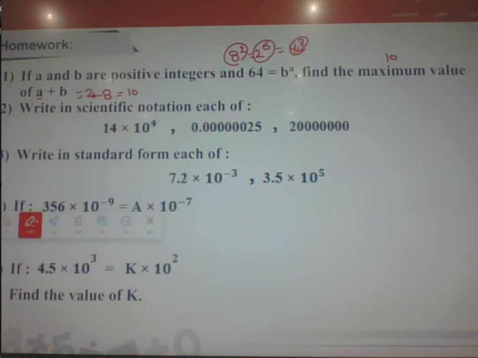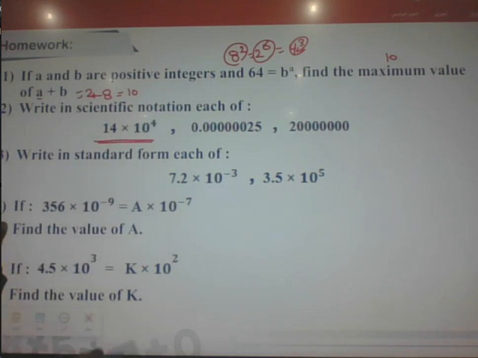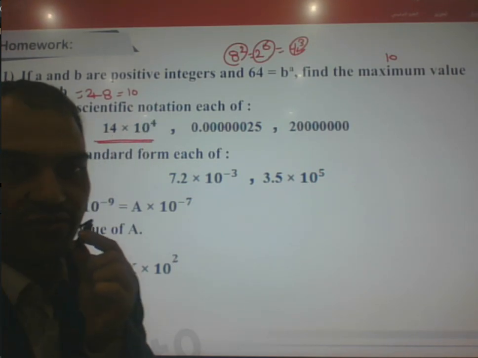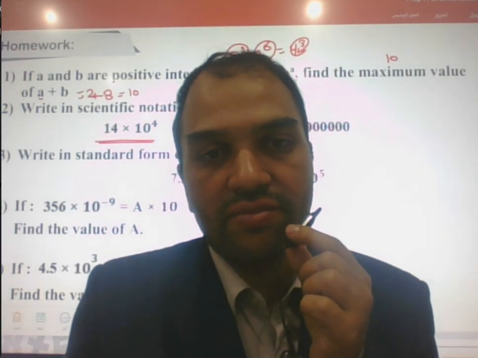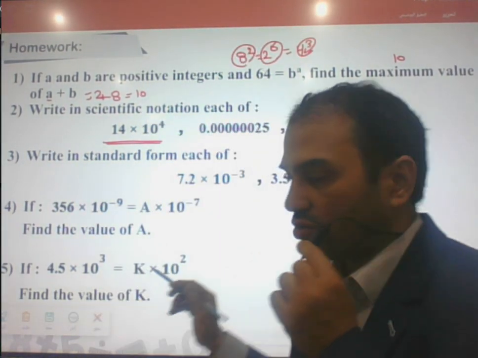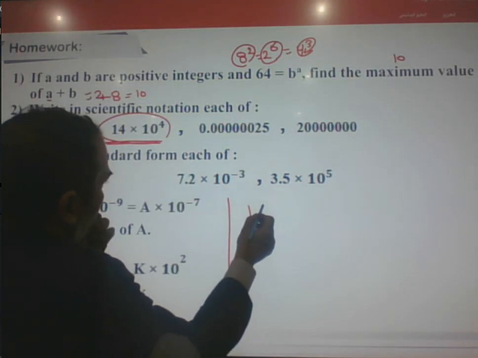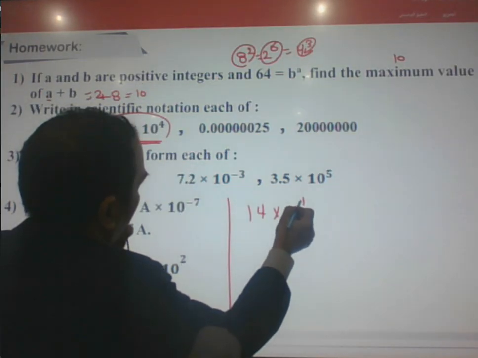Right, scientific notation of each. We have, look at the first question, 14 times 10 power 4. You can convert this number. Listen to me, how to convert 14 times 10 power 4 here? Who can tell me? We must put the point between 1 and 4. Listen to me, I will solve this question here. We have 14 times 10 power 4.